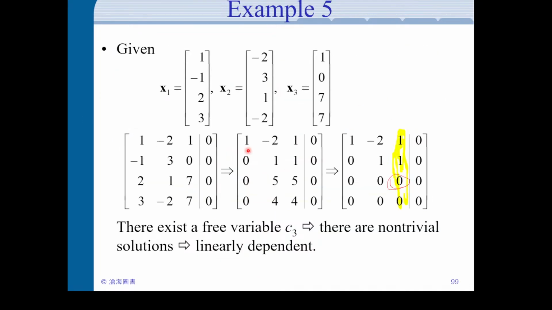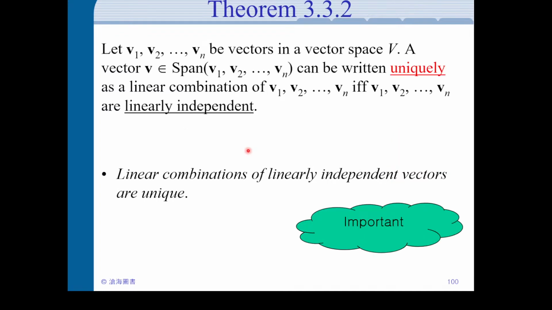Lastly, we have another theorem on linear independence. Theorem 3.3.2 says that if you have a set of vectors, then any vector inside their span can be written uniquely as a linear combination of those vectors.